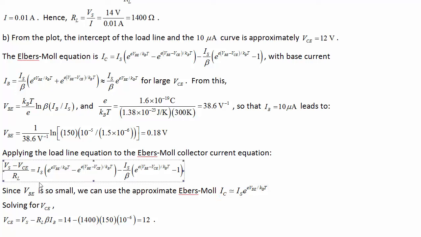So solving this equals that for VCE, which doesn't really require complicated or iterative solutions, because this is the base emitter voltage. You can either sub in the base emitter voltage or just say, well, this is beta IB. Then using our load line, we find VCE is 12 again.